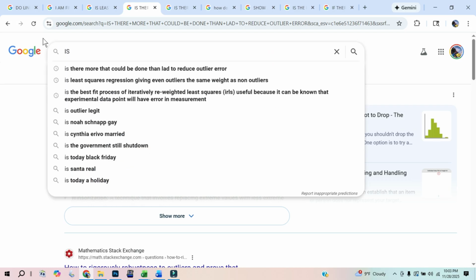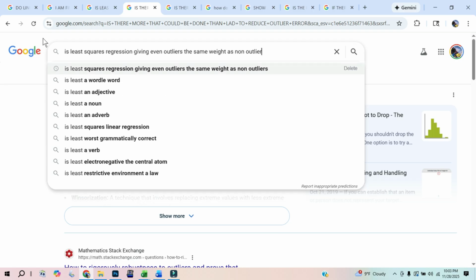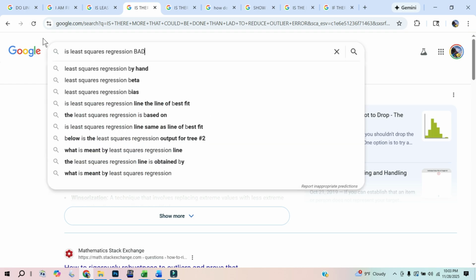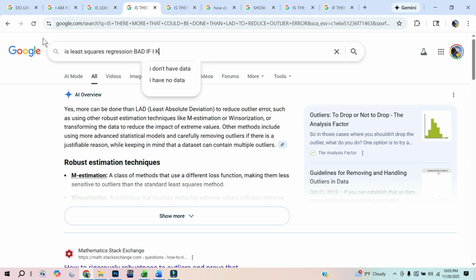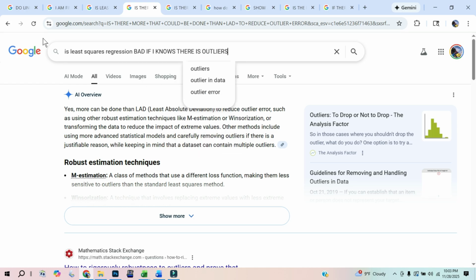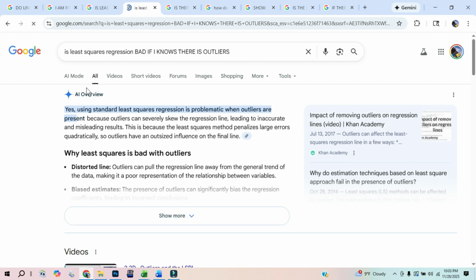So is least squares regression bad if I know there are outliers? Yes, using standard least squares regression is problematic when outliers are present. It's going to really mess up your data because outliers can severely skew the regression line.